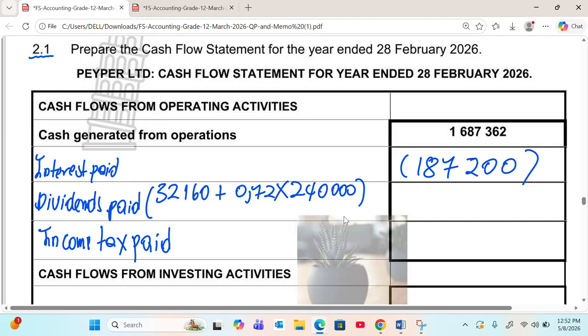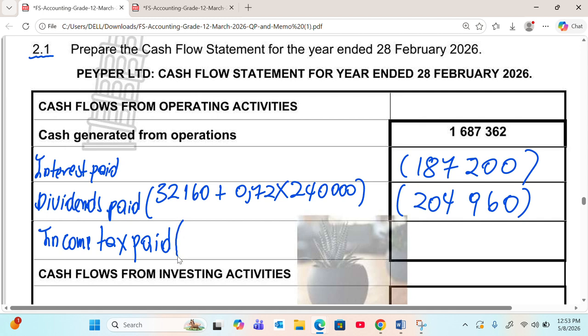Okay, so on my side, I have an amount of 204,960. Okay, and then what else do we minus, guys, from cash generated from operations is the income tax.